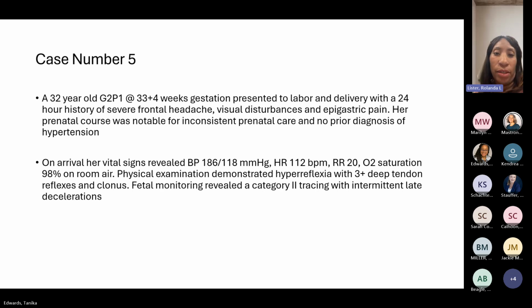On arrival, her vital signs revealed a blood pressure of 186 over 118 millimeters of mercury, heart rate of 112, respiratory rate of 20, O2 saturation 98% on room air. Physical exam demonstrated hyperreflexia with 3+ deep tendon reflexes and clonus. Fetal monitoring revealed a category 2 tracing and intermittent late decelerations. Next slide, please.